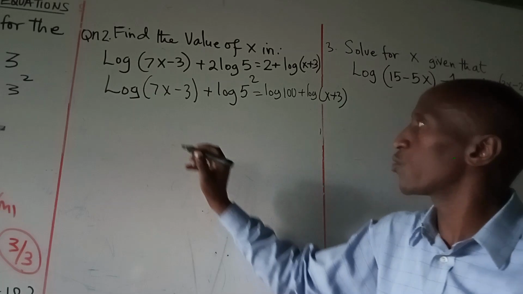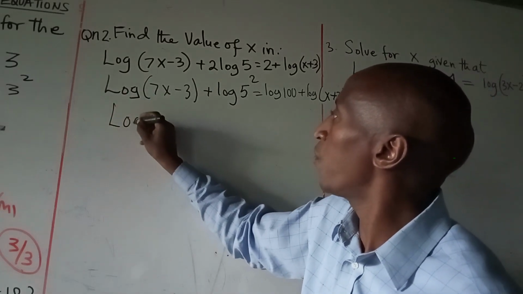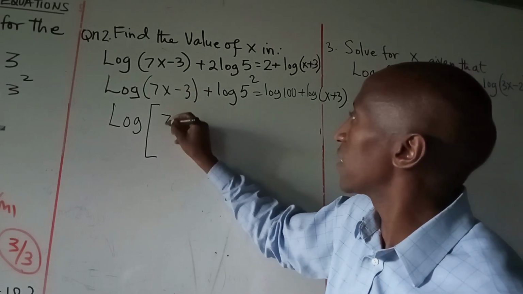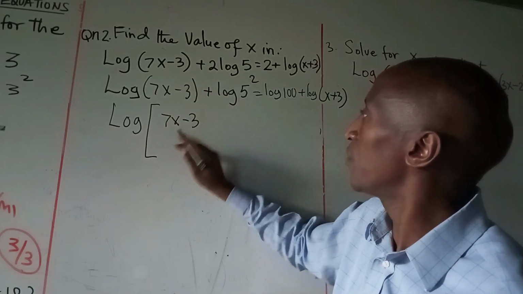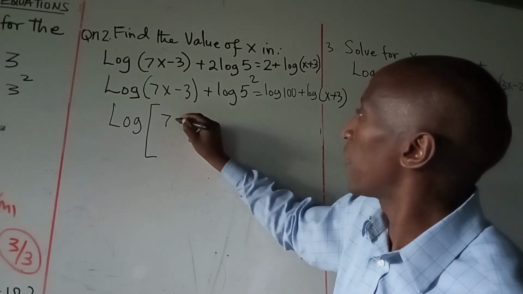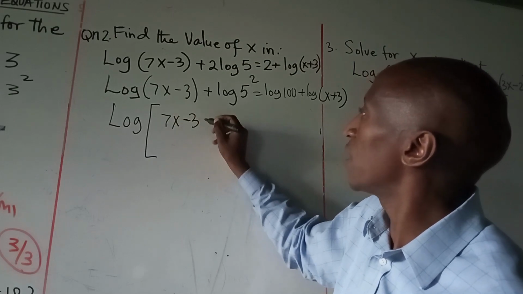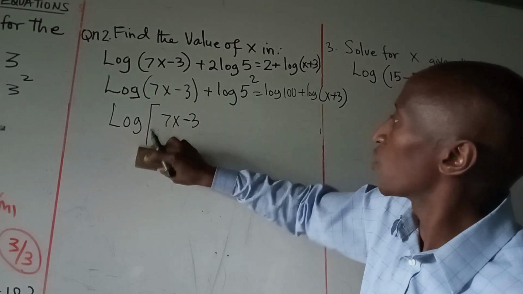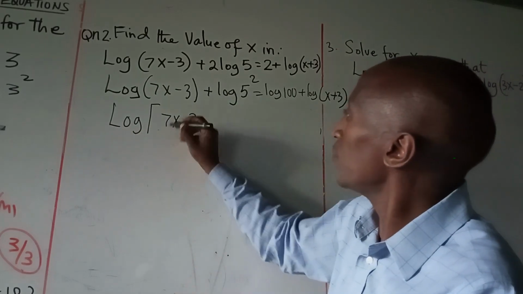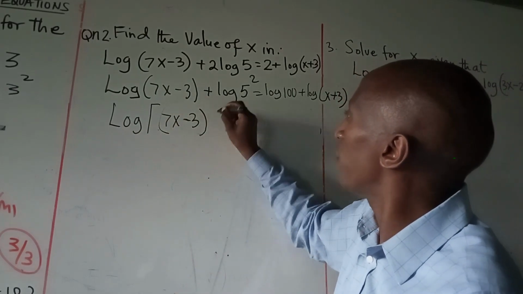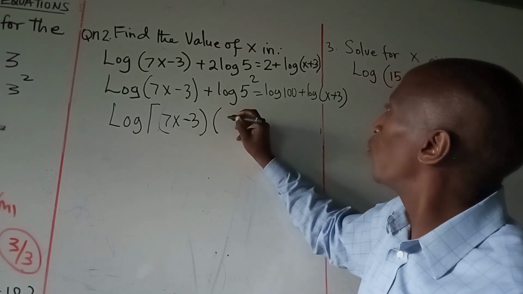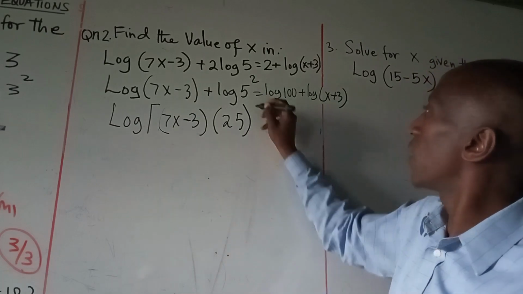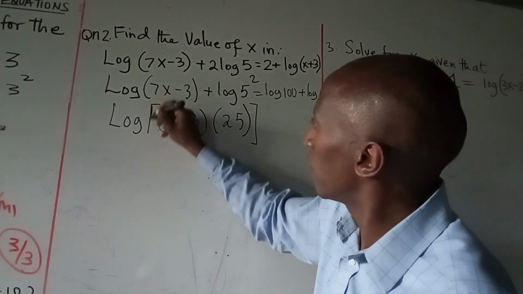And that leads us to log of 7x minus 3, all over, we are multiplying, so I will have this multiplied by 25, and then I can close the bracket.